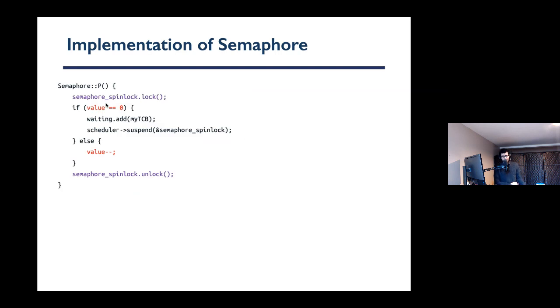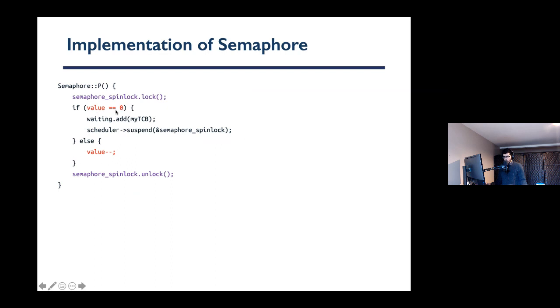So now let's implement semaphores. This is the P function implementation. I'm not showing the internals, but as you can see, the semaphore also has a spinlock, a value, and a waiting queue, very similar to locks. At the beginning of the P function, I lock the semaphore and check the value.